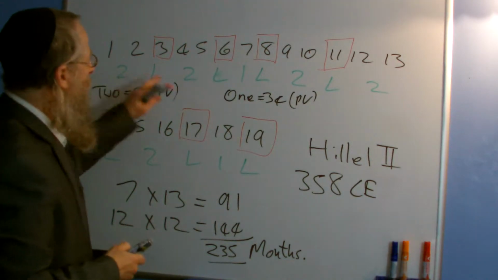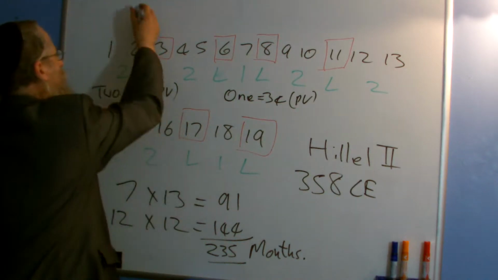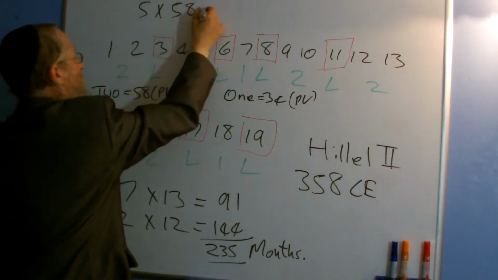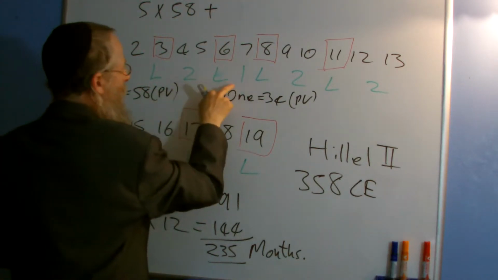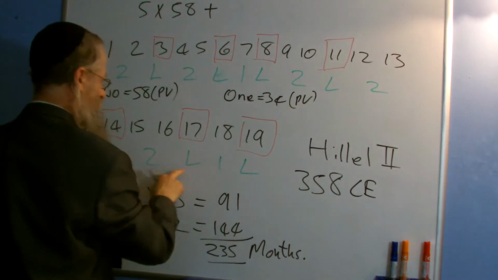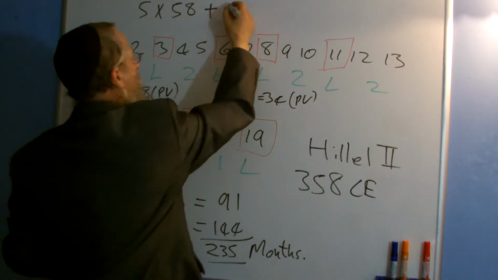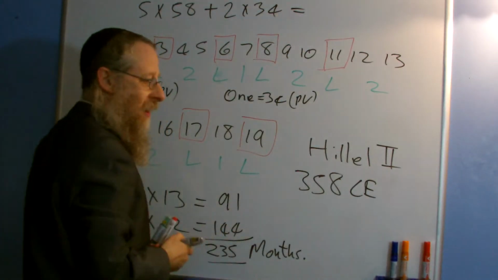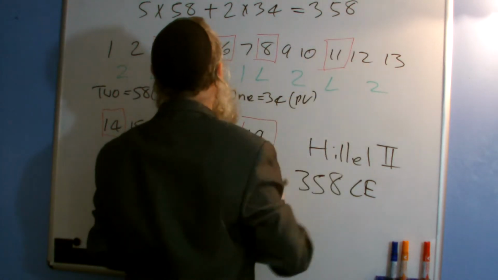So I've got 1, 2, 3, 4, 5 2s. So I've got 5 times 58. And I'm going to add to that 2 lots of 1, plus 2 times 34. If I work that out, I'll get 358.